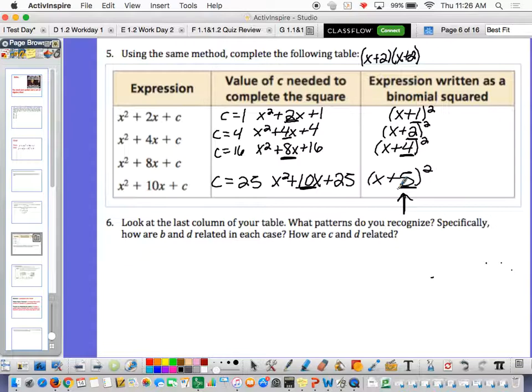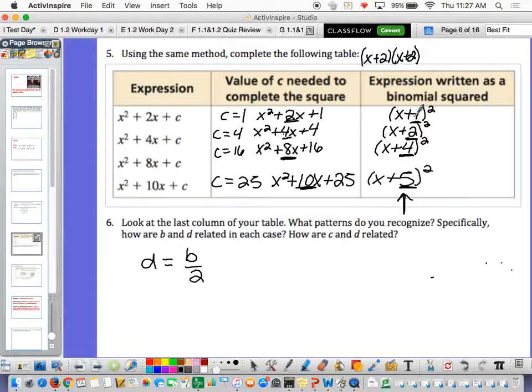Well, hopefully you're seeing that these D values are equal to the B value right here divided by 2, right? 10 divided by 2 is 5. 8 divided by 2 is 4. 4 divided by 2 is 2. 2 divided by 2 is 1, right?